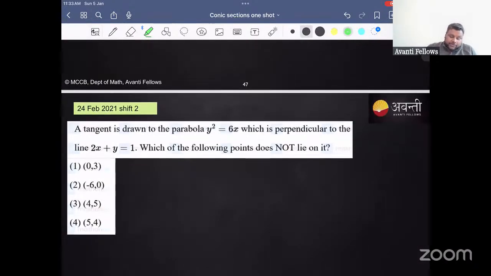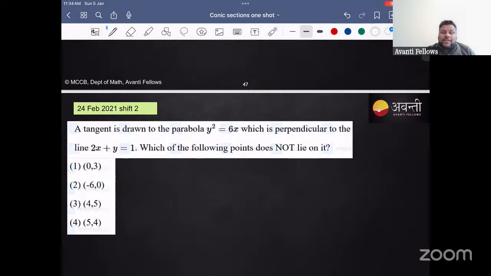All right. Now let's see a question. Tangents are drawn to this parabola which is perpendicular to this line. Which of the following does not lie on it? If you would like to give it a try, take a moment. Try it for 2 minutes. I'm launching a poll.